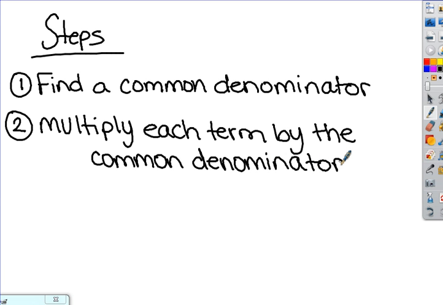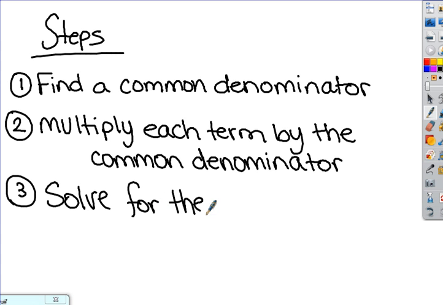When we multiply each term by a common denominator, we are eliminating fractions from the equation. Once we've multiplied each term, we go ahead and cancel so that we can get rid of this denominator. Step 3 is to solve for the specified variable.